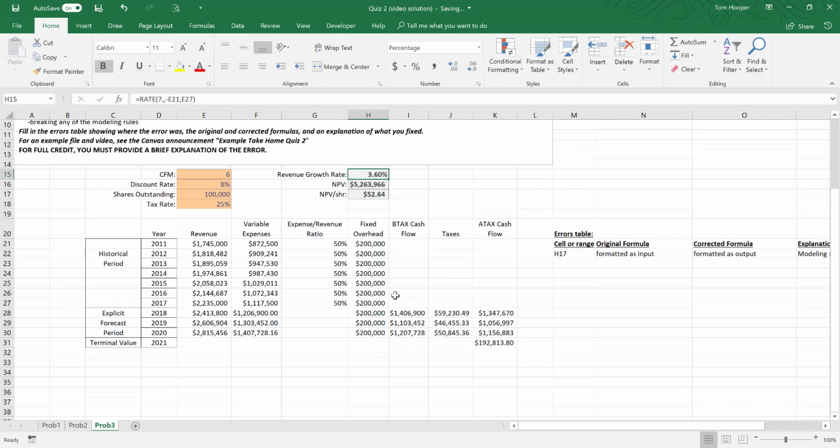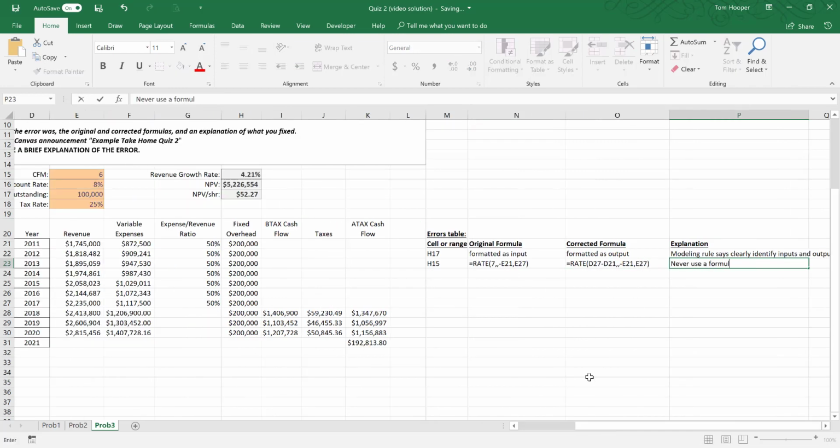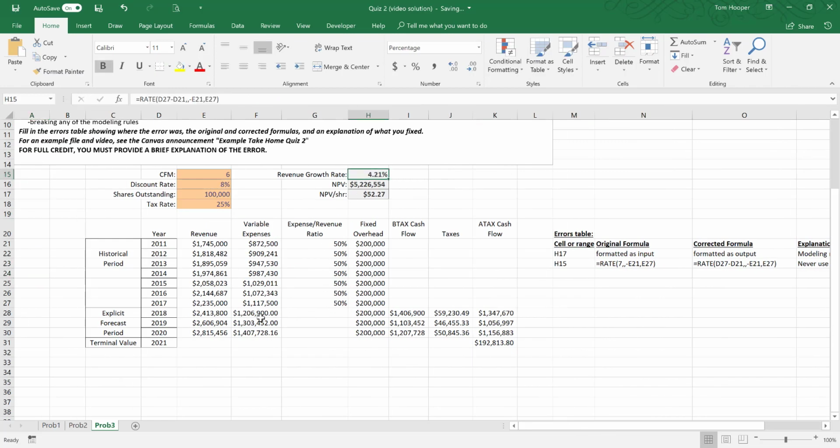A revenue growth rate. This time the author used a rate function but made the same mistake of using a number where a formula would work. Let's see if we are forecasting our revenue correctly using that correct growth rate now.